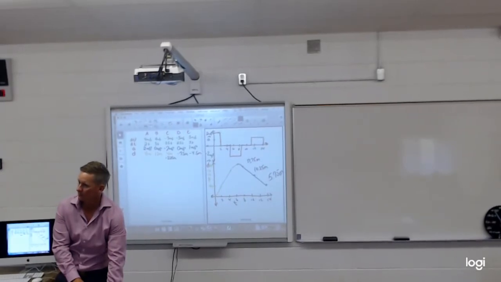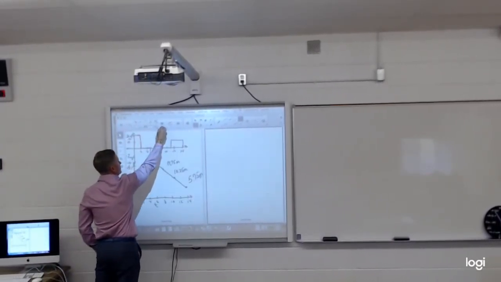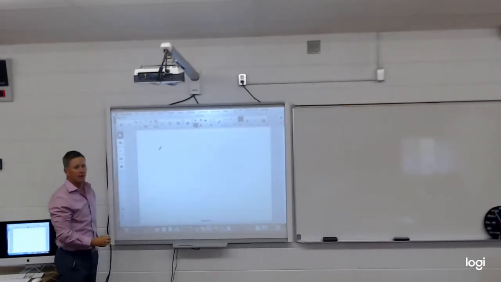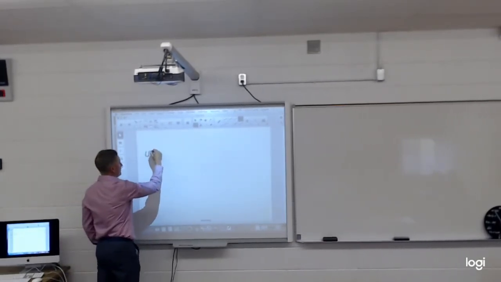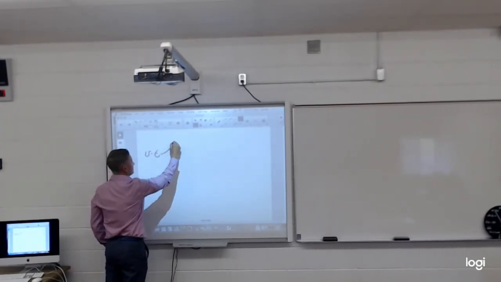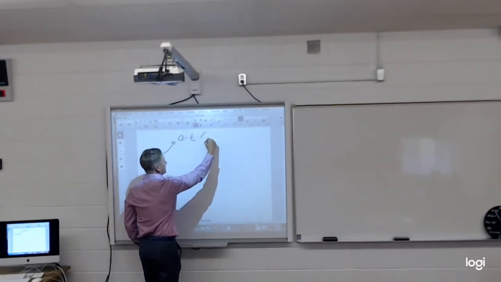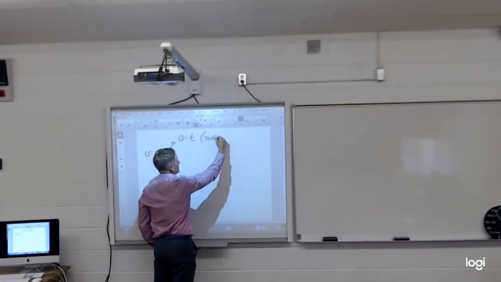Okay, so let me put that in writing so maybe I can do a better job of clarifying that for you. So from a VT graph, I can go to an AT graph by using slopes.